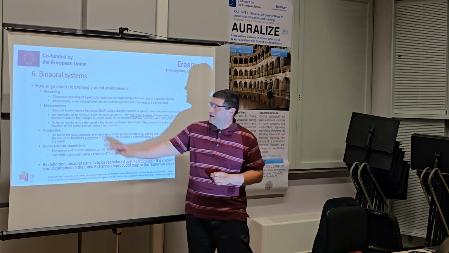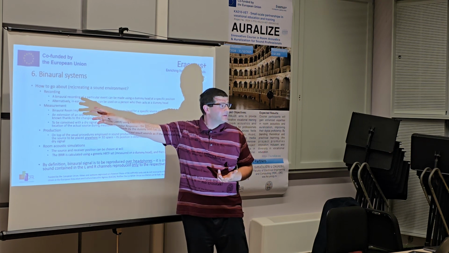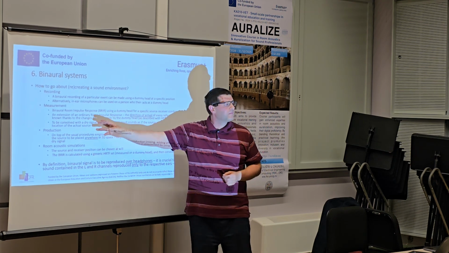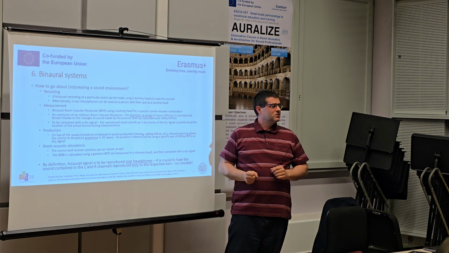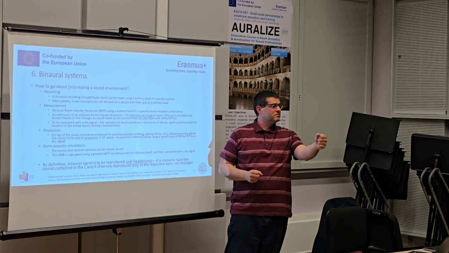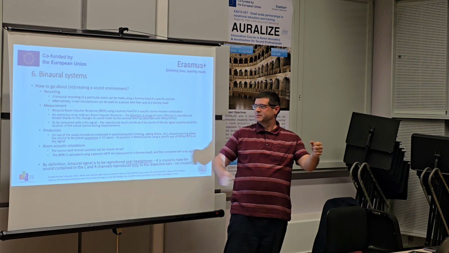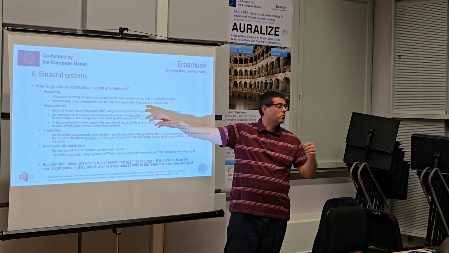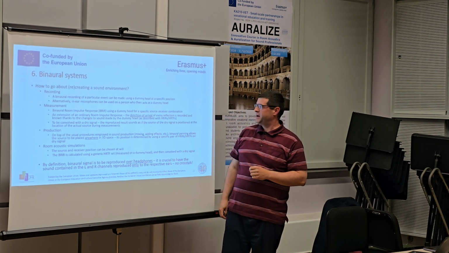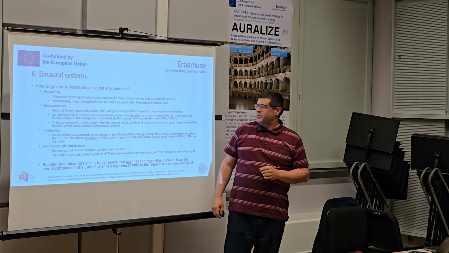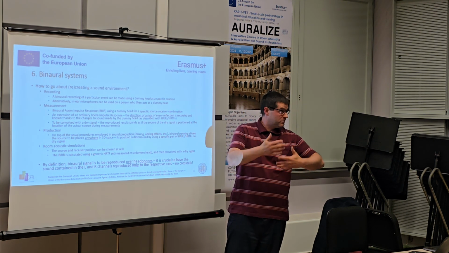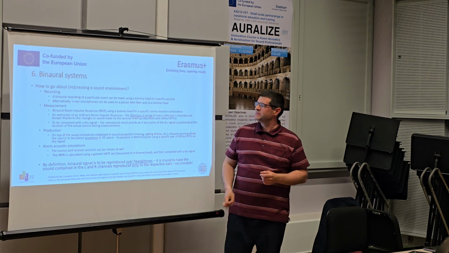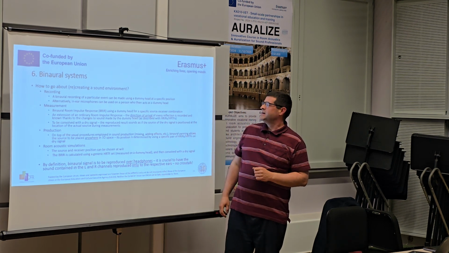What else can we do? We can measure something called the binaural impulse response of the room. So we don't use just one microphone to get an ordinary impulse response, but we use a dummy head or a pair of microphones for that matter. So why is this better? What new information does this bring?